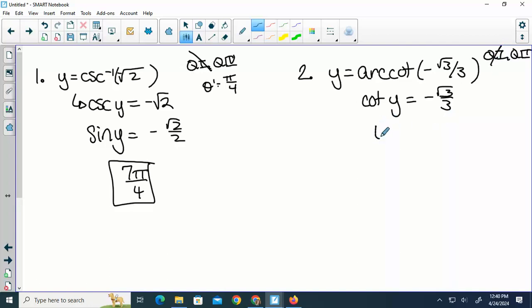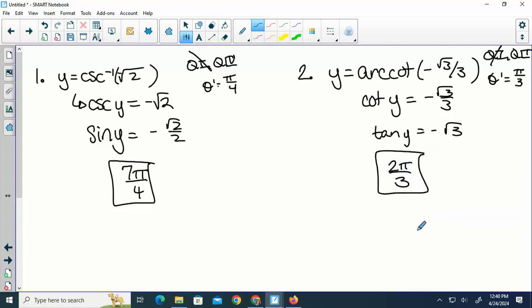If you don't like thinking about cotangent, that means tangent is the reciprocal, which is radical 3. When is tangent radical 3? 60, which is pi over 3. So then pi over 3 in quadrant 2 would be 2 pi over 3.